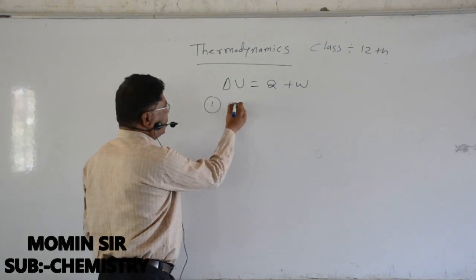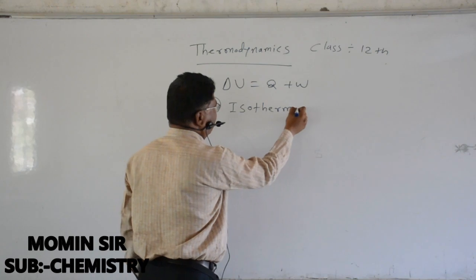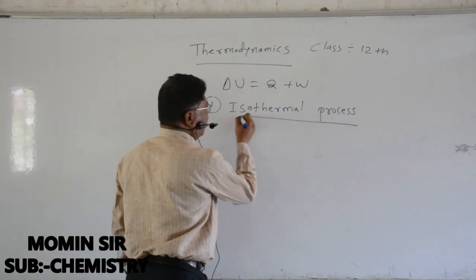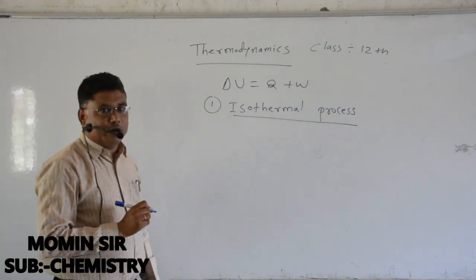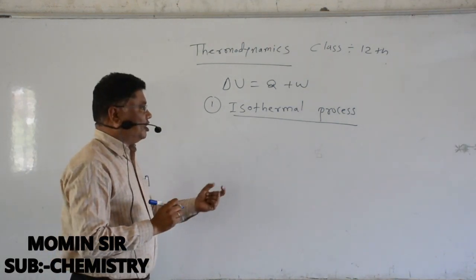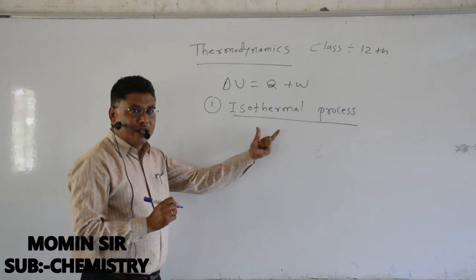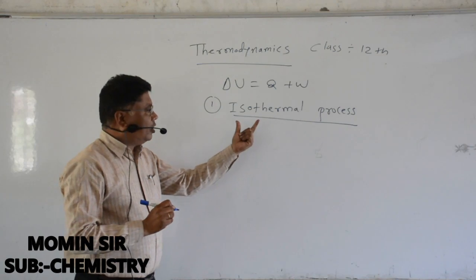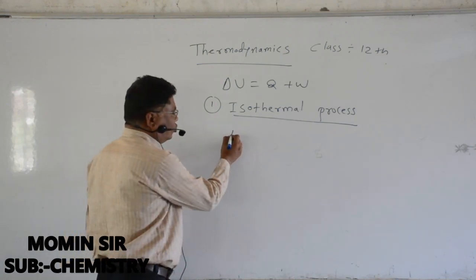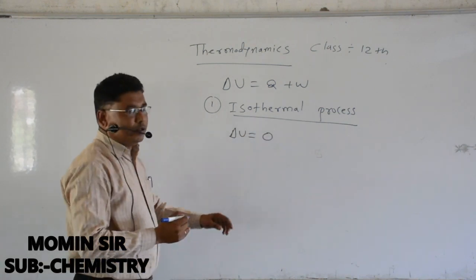First process, that is isothermal process. You know what is called an isothermal process? The process in which the temperature of the system remains constant is called an isothermal process. In isothermal process, delta U, the change in internal energy, is equal to 0.